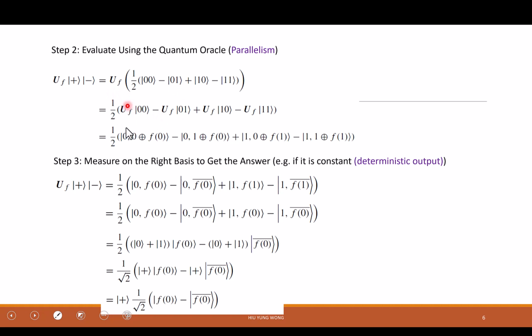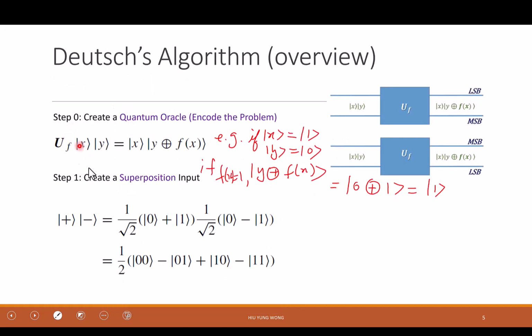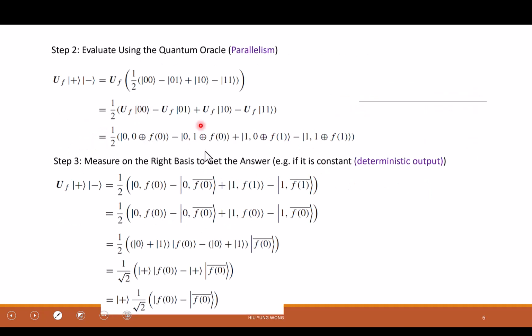We do this and apply this to individual bases. We are going to the details later, but do you see that? It's just based on the definition of this quantum oracle. This quantum oracle tells us how it's going to operate. So if I have, let's say, 1,1, I keep 1 here, and then 1 exclusive or f of 1, right? Because this is x.